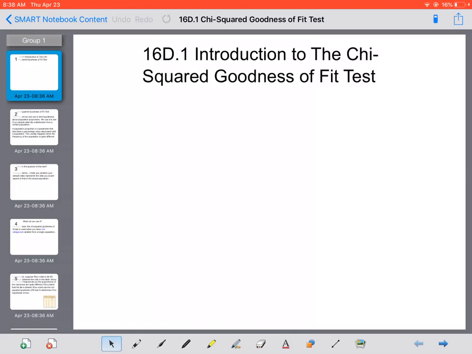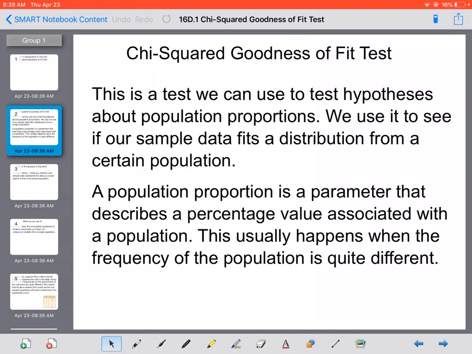So, what is the chi-squared goodness of fit test? Well, it's a test that we can use to hypothesize our population proportions, and you use it to see if your sample data, whatever that sample data is, fits a certain distribution, whether it's a normal distribution or something other than normal. And it's designed for that certain population, whatever your population may be.